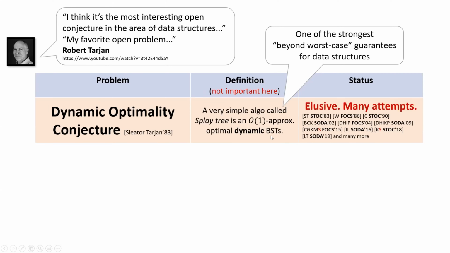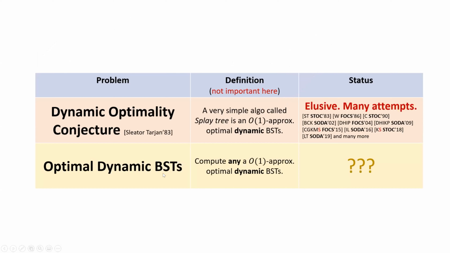We don't need to know exactly what this conjecture is about in this talk, but people really care about it, and many people try to work on it. If it is true, it will be one of the strongest beyond worst case guarantees for data structure problems. In this talk, we will only look at another problem which is strictly easier.